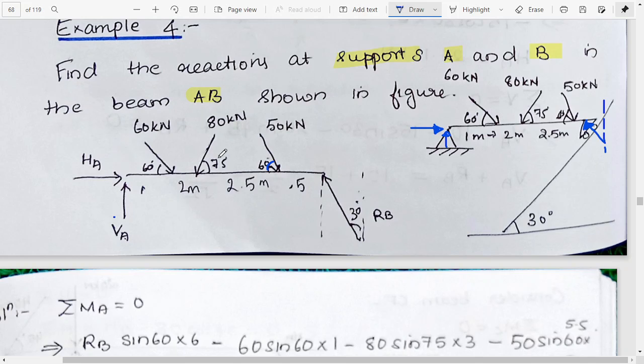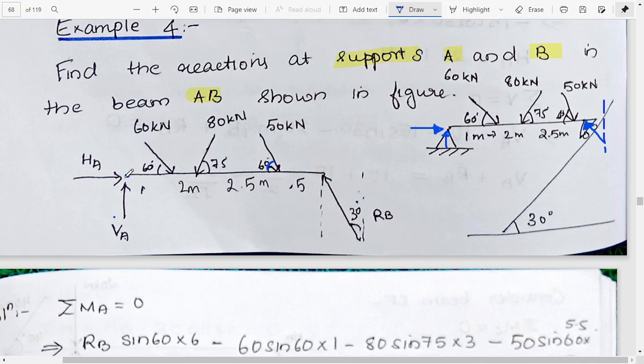If we consider summation of MA is equal to 0, that is, if we consider the moment from this point A, then we don't need to calculate this HA and VA. So we can find the unknown value RB easily.